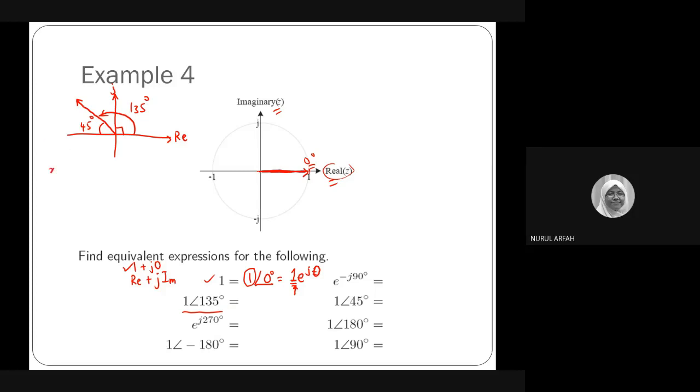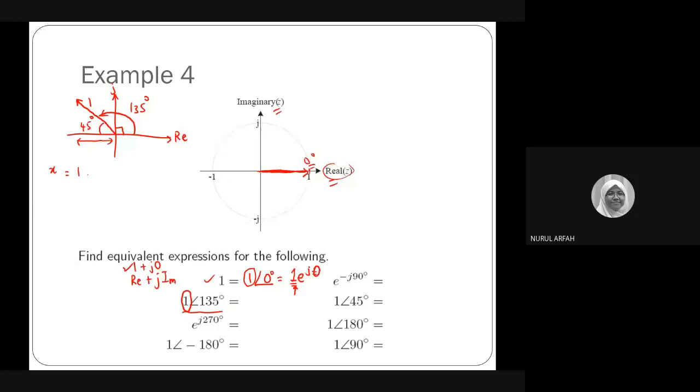For the x-axis, the x-axis is this one, and you know the amplitude is 1, right? So you can write 1 here. Because this is on this side, you can use cosine or sine. Brothers and sisters, are you okay?